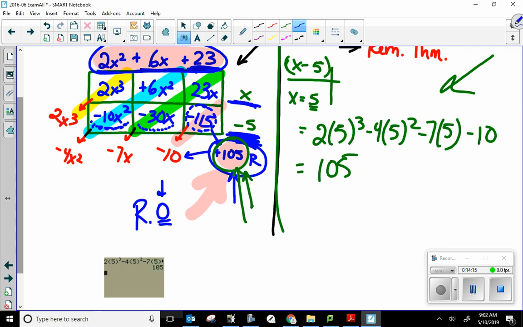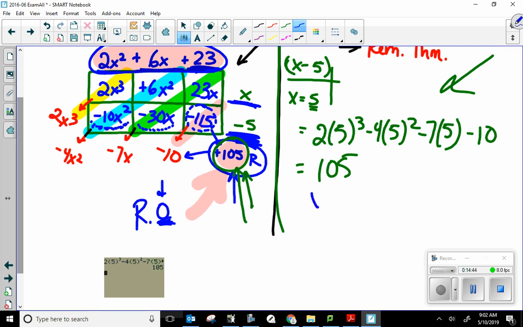Likewise, if you get 105, don't say it's not a factor because there is a remainder. 0 is a remainder as well. Make sure you state what the remainder is. If something is not a factor, that means the remainder is not 0, and that's how you state it. Or if something is a factor, you want to say that the remainder is 0. You don't want to say there's no remainder. Oh, it drives me crazy.